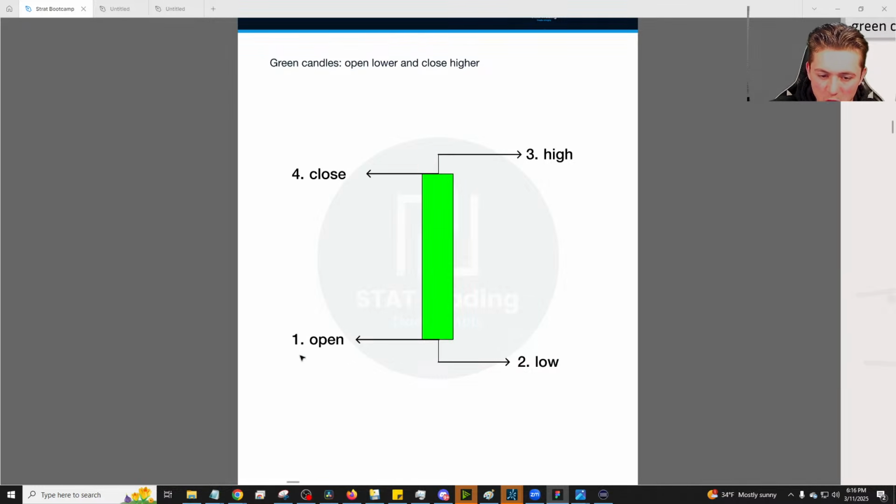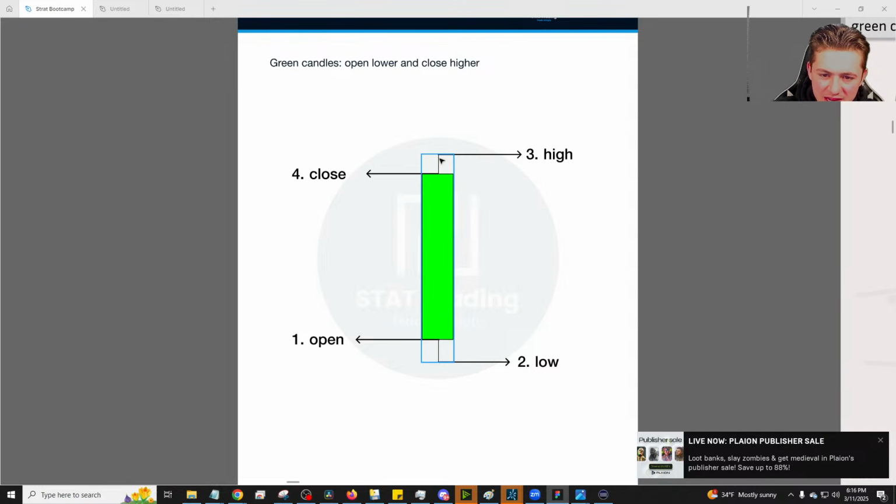So what you'll see is it will open, and this is the level it opens at, the bottom of this rectangle. And we call that a candle body. The low is going to be this wick at the bottom. And then the high is going to be this wick at the top. And then the close is the top of that candle body. So you can see it opens lower and closes higher, which is why it's green.